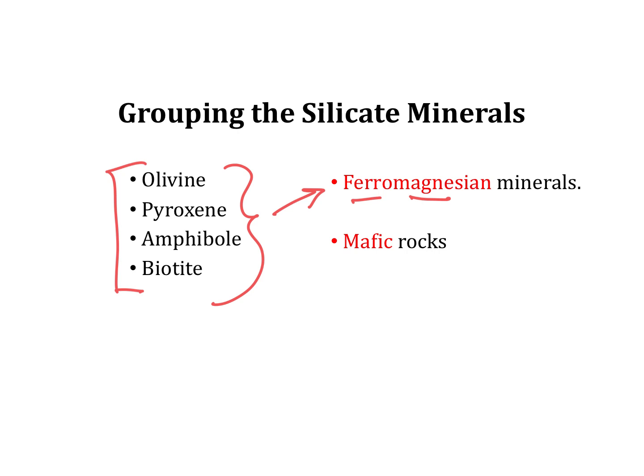Also, when you have a rock that's made mostly of these minerals, we refer to that as a mafic rock. And the same thing, mafic comes from the same two words, magnesium and ferro. Ferro, by the way, is the Latin word for iron. That's why the chemical symbol for iron is Fe.